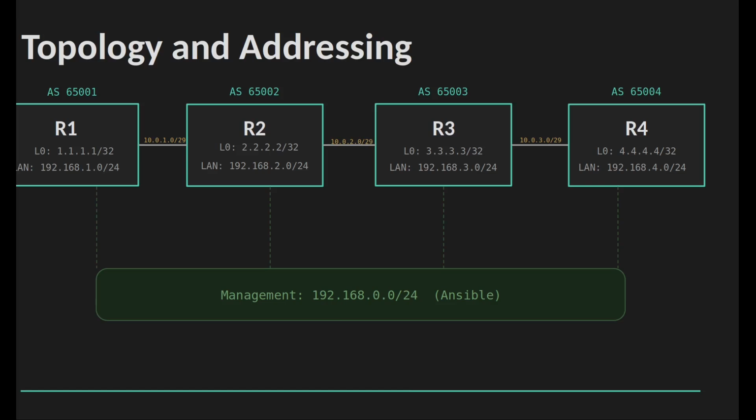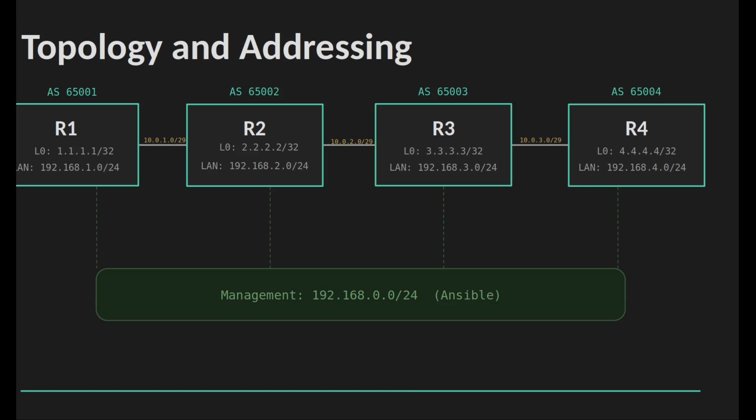R2 is AS65002, loopback 2.2.2.2. R2 faces R3 on FastEthernet1/0 at 10.0.2.2 across the 10.0.2.0/29 link. R3 is AS65003, loopback 3.3.3.3.